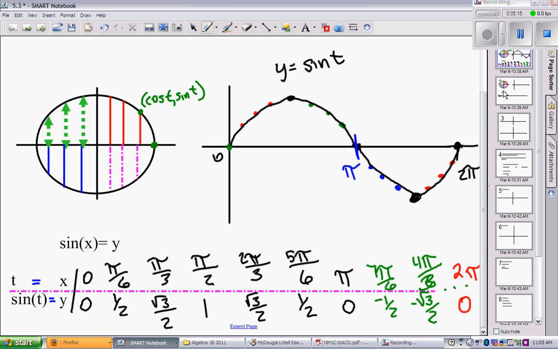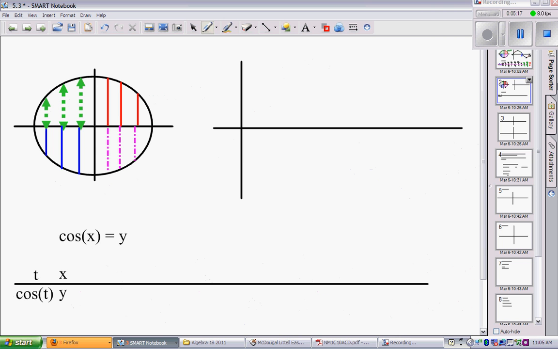We can do the same thing for the cosine. So we once again have the same unit circle. We're going to be starting at 1, 0. But remember, it goes cosine t, sine t. So we want the x value. So we're not starting at 0 anymore, we're starting at 1.